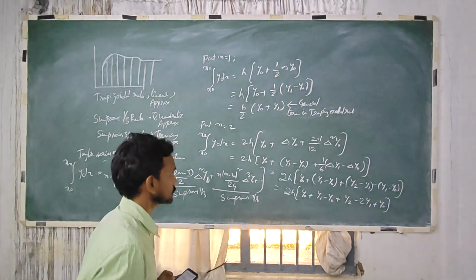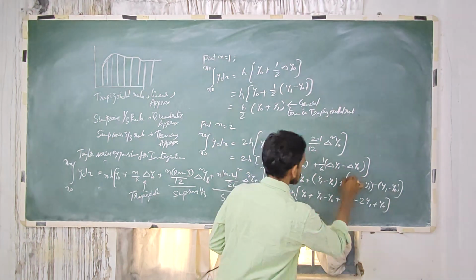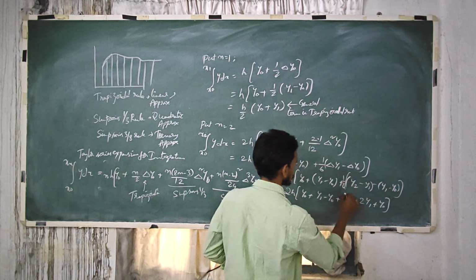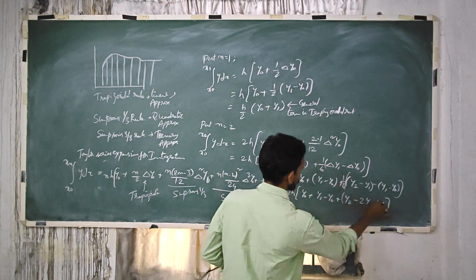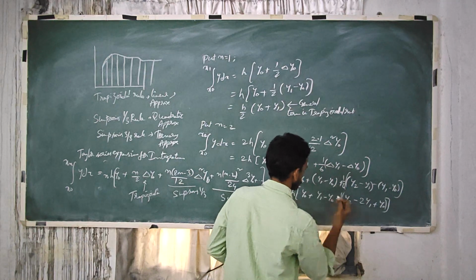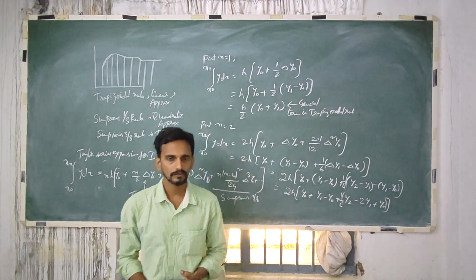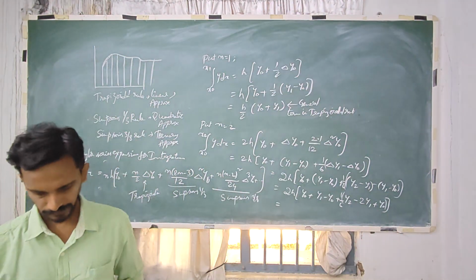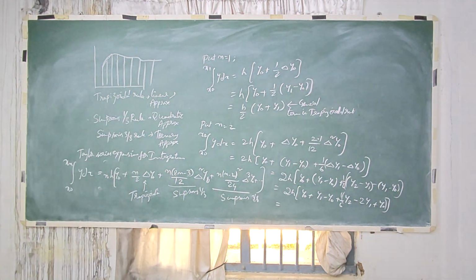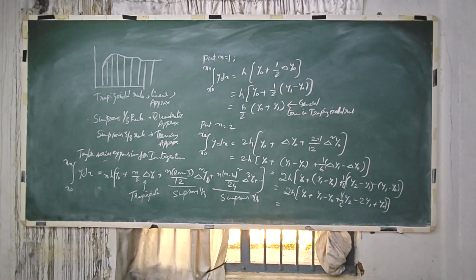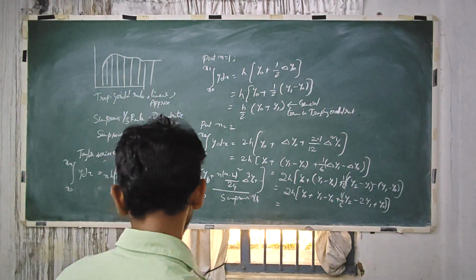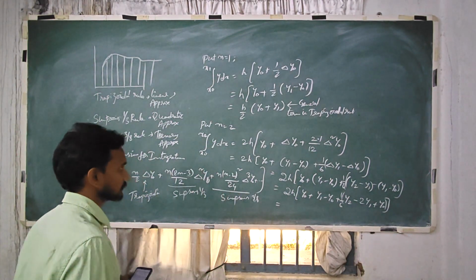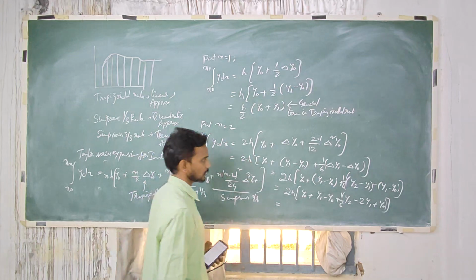So I'm missing one 1/6 over here. One by six, so it is 1/6 times y2 minus 2y1 plus y0.